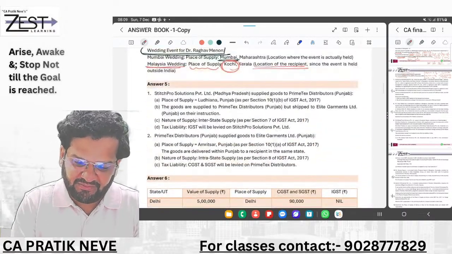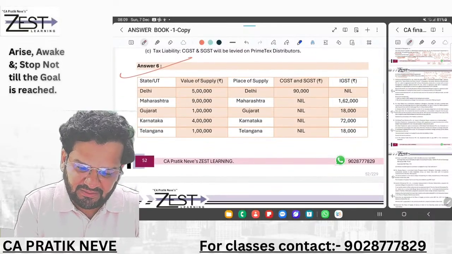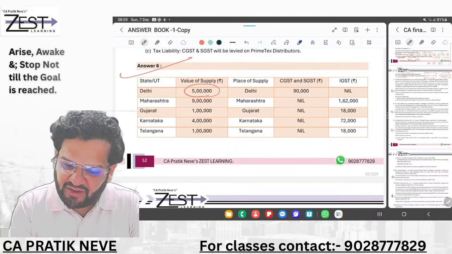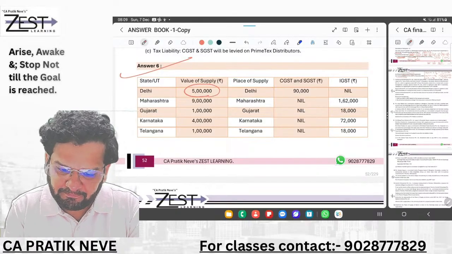See this. Sixth question's answer. For Delhi, value of supply 5 lakh. Okay.